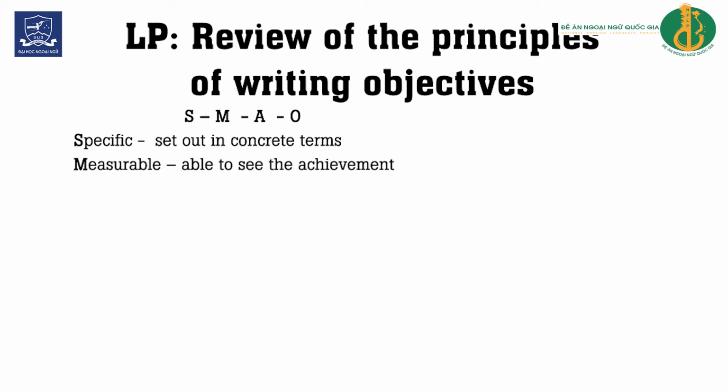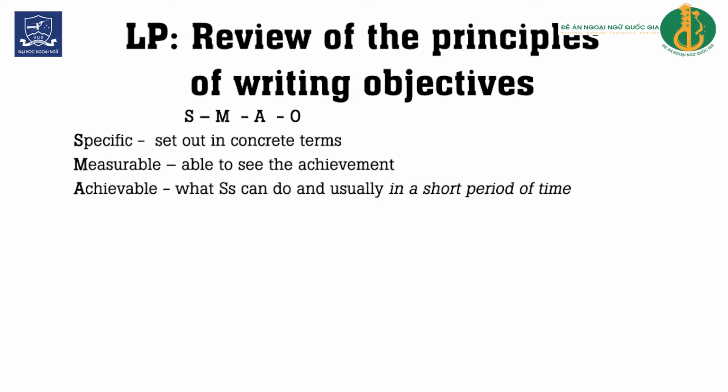M: Measurable, able to see the achievement. A: Achievable, within the level of the student, something the student can do, usually in a short period of time. O: Observable. This is similar to measurable, using an active verb.